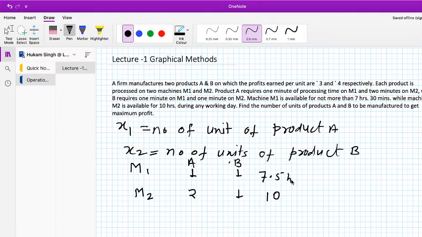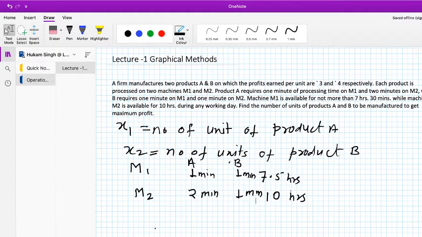Remember, these are given in hours, while the processing times are in minutes. So these are going to be our constraints. The total available time on machine M1 is 7.5 hours and on machine M2 is 10 hours. We're going to formulate it.